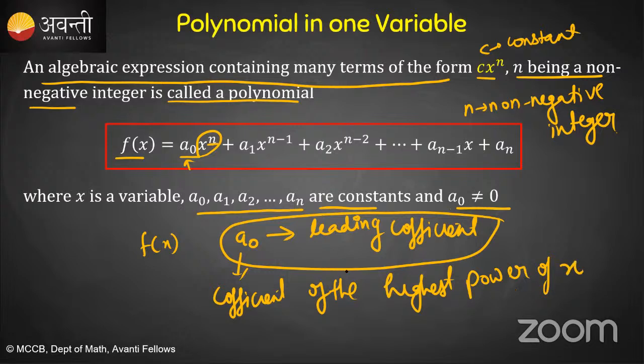Okay, is it clear everyone? Is it clear or not? So polynomial is very simple, right?